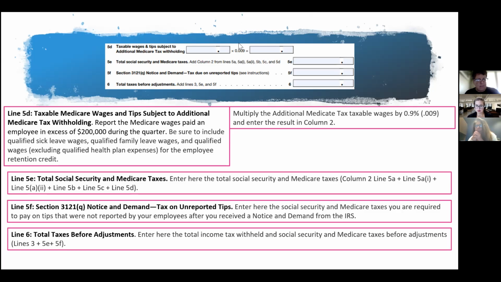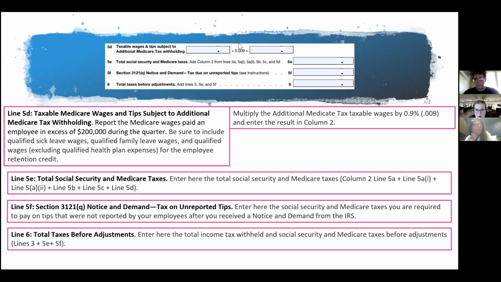Line 5F, this is a notice that you'll get from the IRS. Like I said, the employees are required to give the employer a sheet of paper. It doesn't have to be a specific form, but it gives their name, their address, the Social Security number, and how much tips they received in a month, if it's $20 or more.